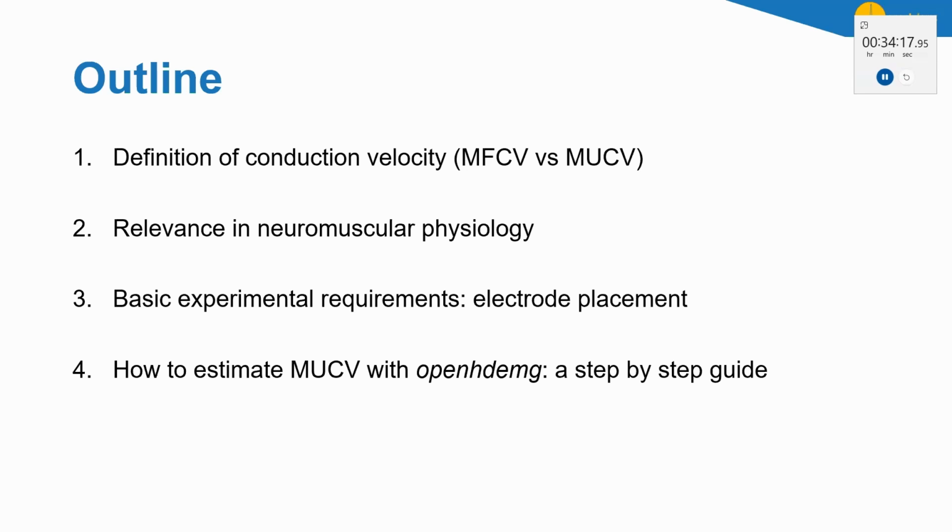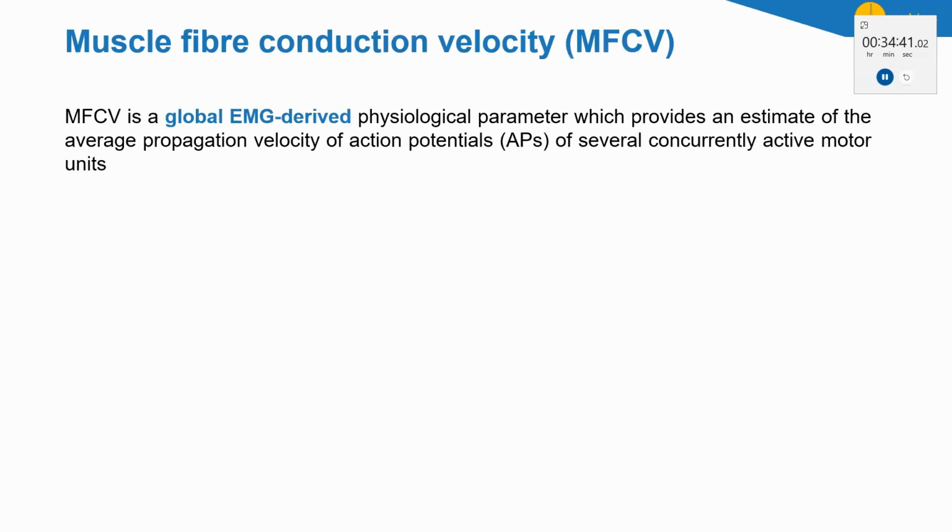We'll see which are the basic experimental requirements, mainly related to electrode placement, that are needed to ensure an accurate and reliable estimation of conduction velocity. And lastly, we'll go through a step-by-step guide about how to estimate conduction velocity with openhdemg itself.